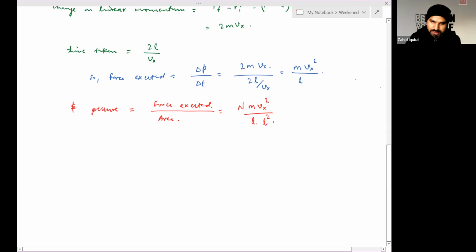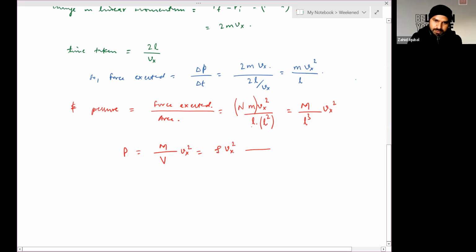The number of particles multiplied by mass will be total mass. L and L squared make L cubed, times Vx squared. So P equals mass, L cubed is volume, Vx squared. Mass by volume is density, so rho times Vx squared.